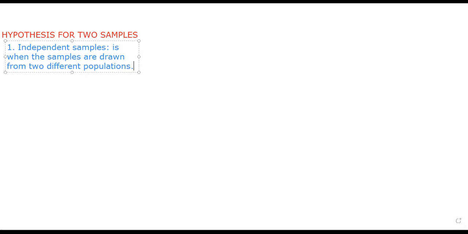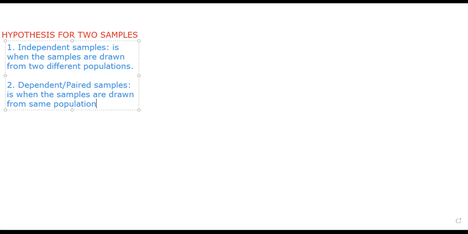You pick, say, 10 or 15 accounting students from Legon, University of Ghana, and also 10 students from UCC, and you test your claim. You get it? So that's why you call them independent samples.